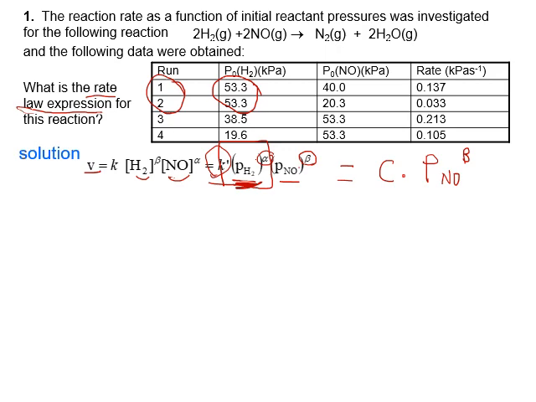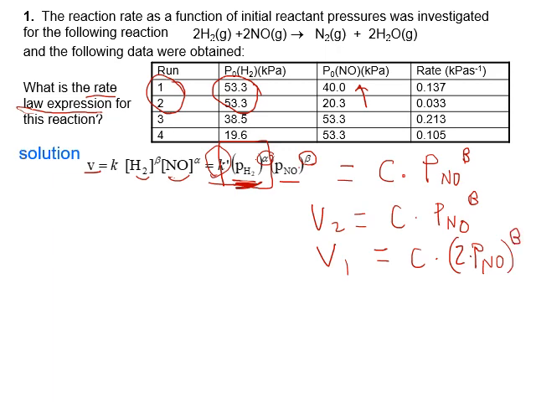So from number 2 to number 1, the partial pressure of nitrogen oxide increased almost twice. If the reaction rate of number 2 is C times P_NO to the beta's power, then V1 is C times twice P_NO to the beta's power, because the pressure increased twice.